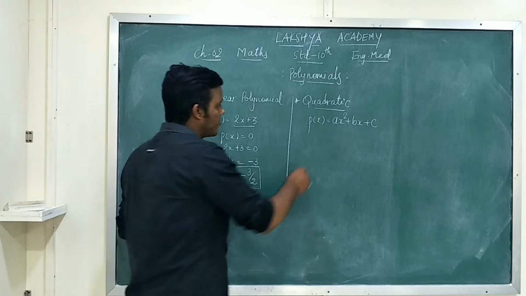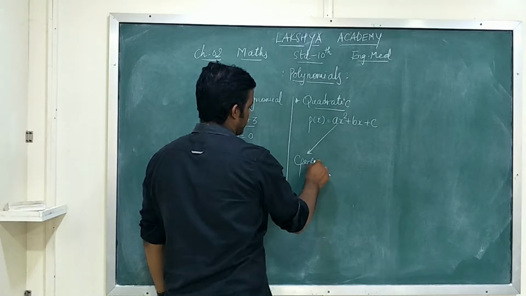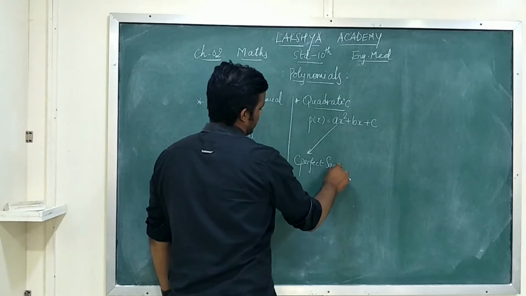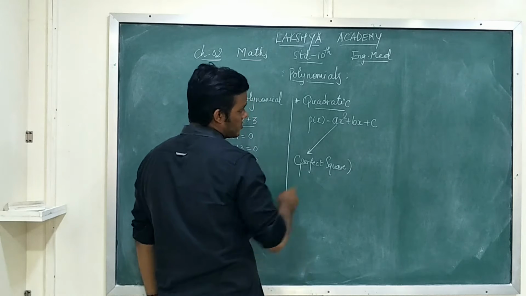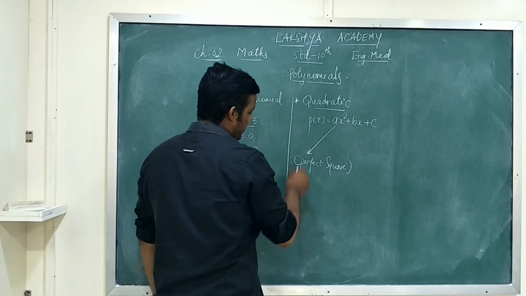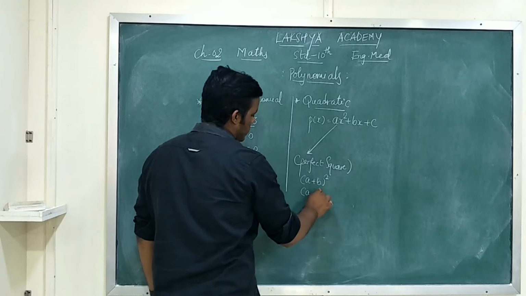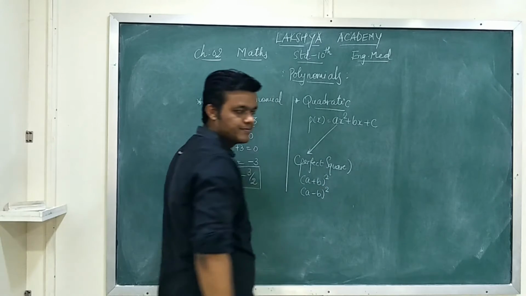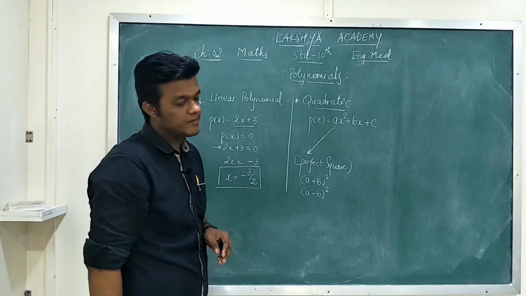The first one is when the polynomial is a perfect square. So you can write it in the form of a plus b whole square or a minus b whole square, then you can solve it out. We will see an example related to this further.